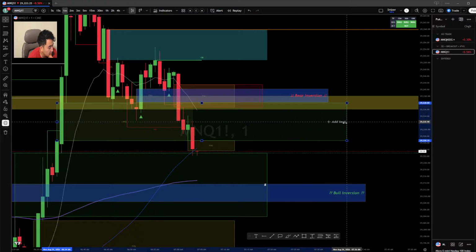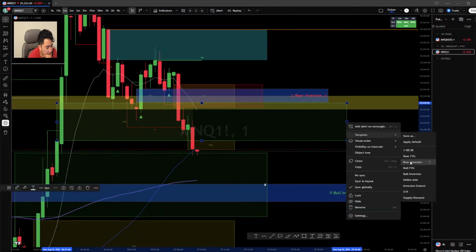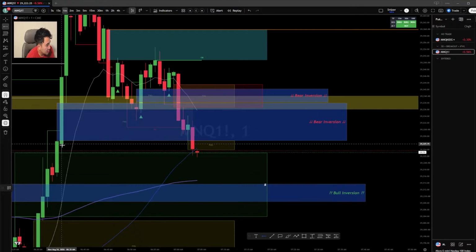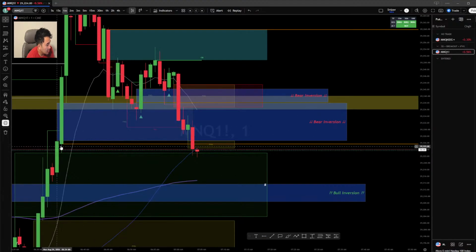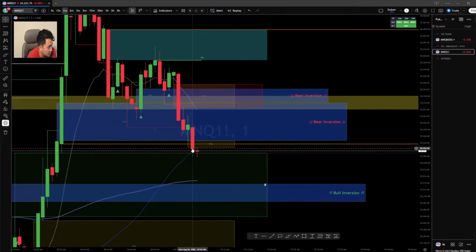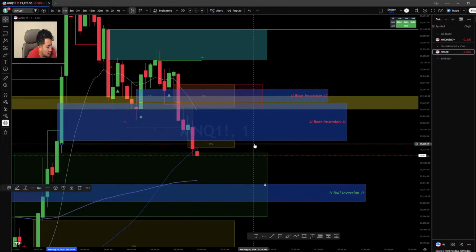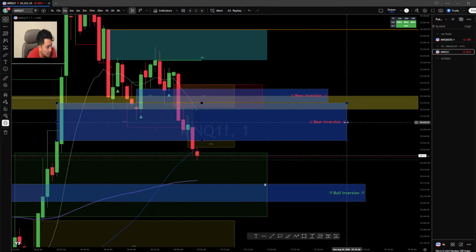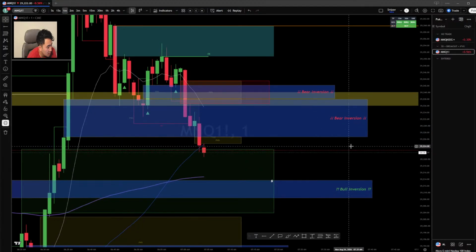Right, this bullish gap becomes a bearish inversion. Also broke, closed below this candle body low that created this bullish gap initially off of this red candle close. So this is a strong bearish inversion zone as well.